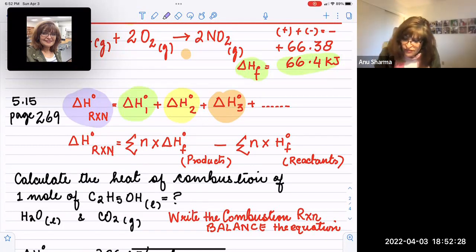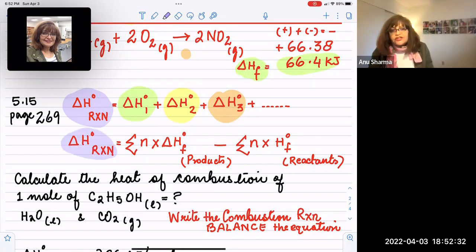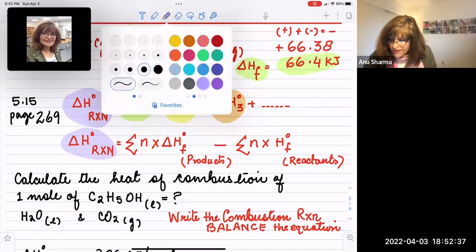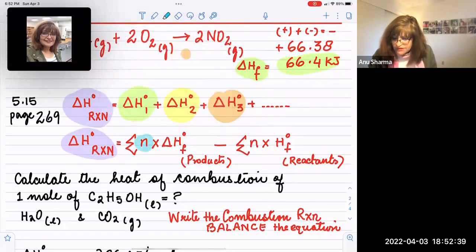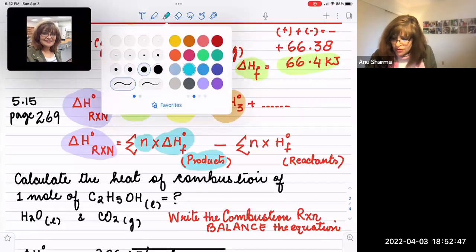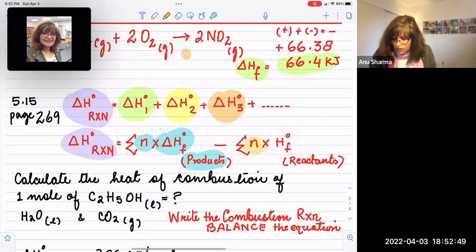Another way of doing it: the total heat of the reaction is the sum total of the number of moles times the heat of formation of the products, minus the total of the moles on the reactant side times the heat of formation of the reactants.